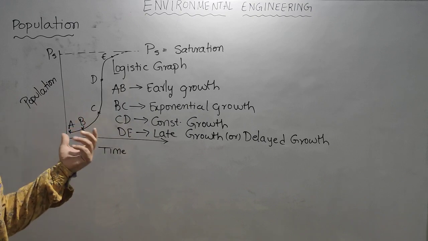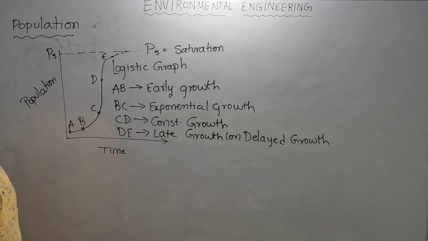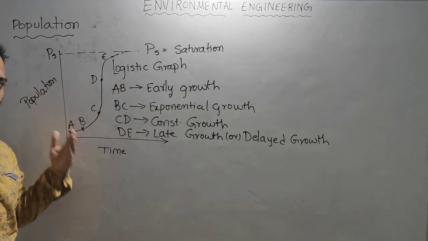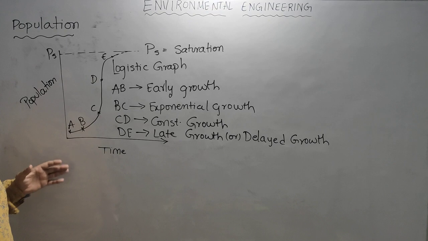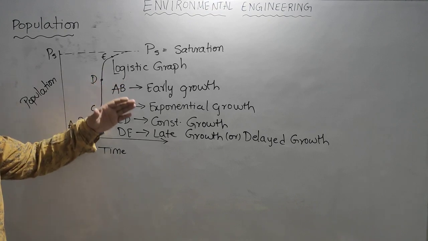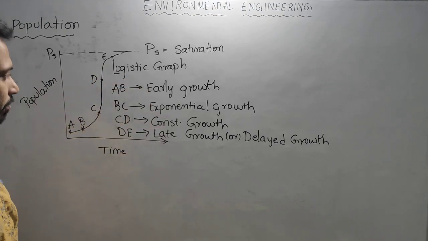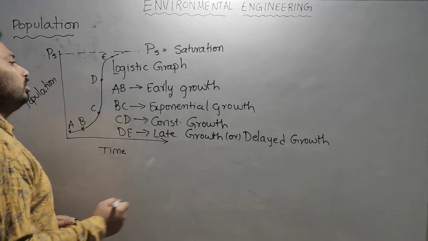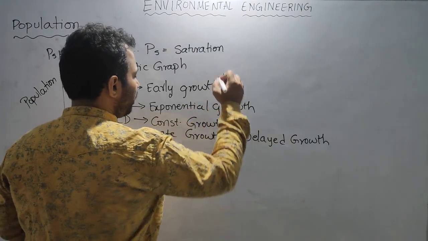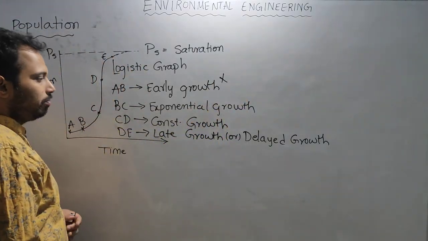Yet to grow, there you will find early growth. Because we design water supply majorly for cities and towns, they will fall in one of the categories I have mentioned here. Early growth is not a big problem, so we can easily control water there.